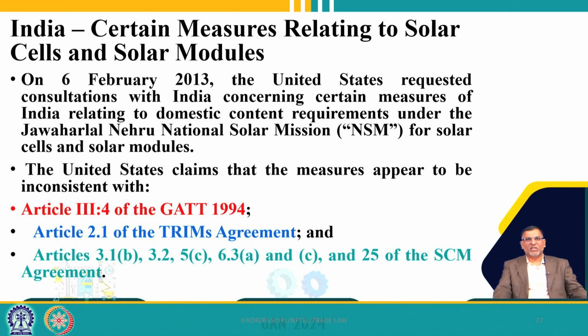You cannot use completely imported products. So, the US complained to the WTO dispute settlement system that this violates article 2(1) of the TRIPS agreement and other provisions, because here it is a subsidized product: article 3(1)(b), article 3(2), 5(c), 6(3)(a) and C, and article 25 of the subsidies and countervailing measures agreement. The violation of two agreements, one is the TRIPS agreement, the other one is the subsidies agreement.